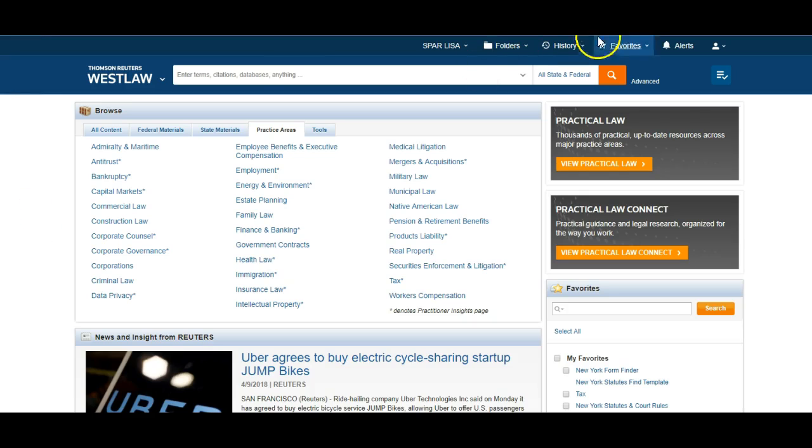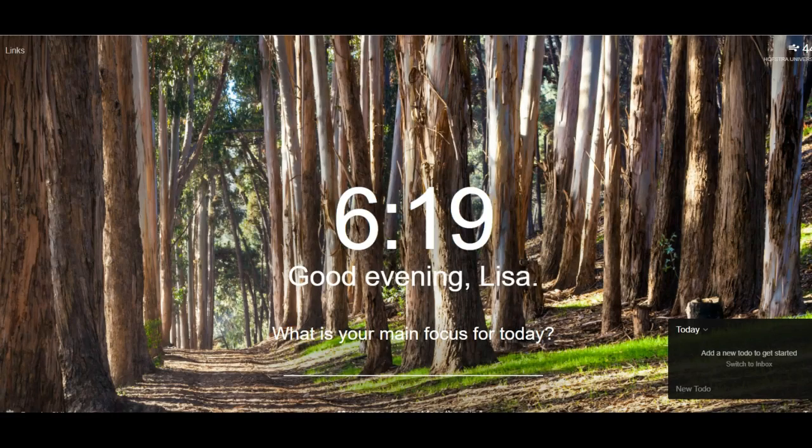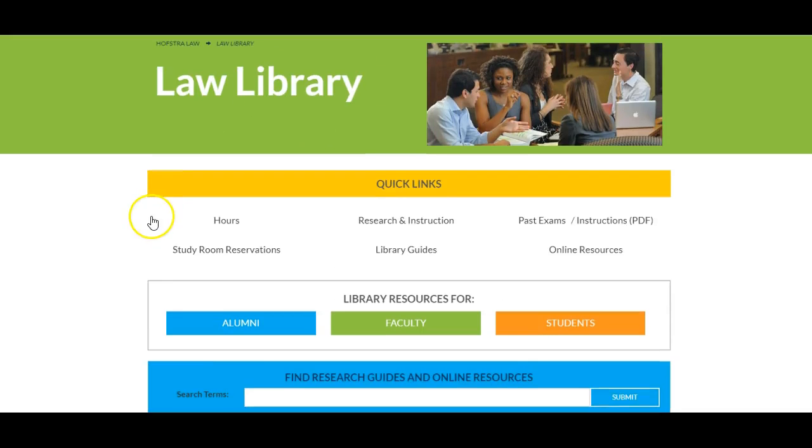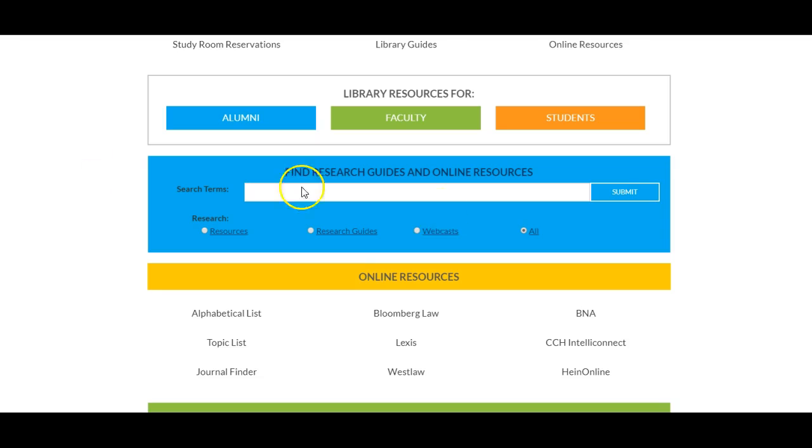And to do that, at least at present, we will go to the Law Library homepage. And again, to look at these databases, you want to go through the Law Library's homepage, because that way you'll get the remote access, the correct remote access proxy link. So the databases will know you're coming from Hofstra.